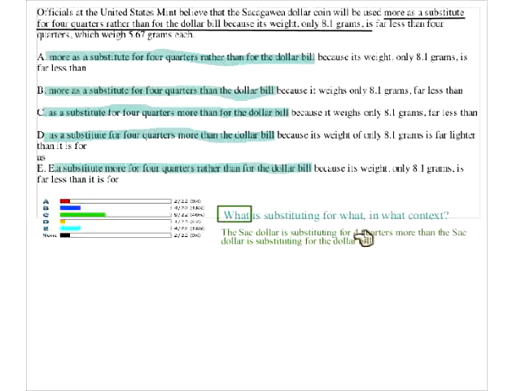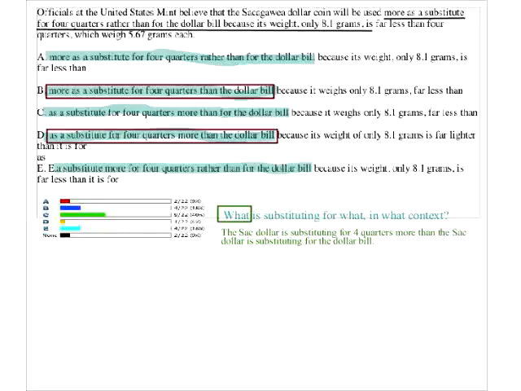Okay. The problem with B and D is that they do not make that clear. So let me explain why. The problem with B and D is that they are ambiguous. They could have that meaning, but they could also have another meaning.